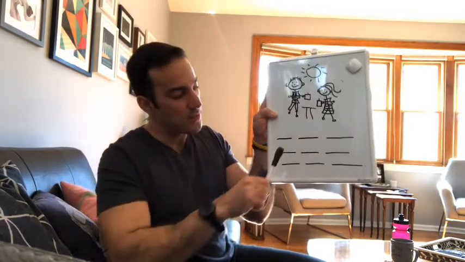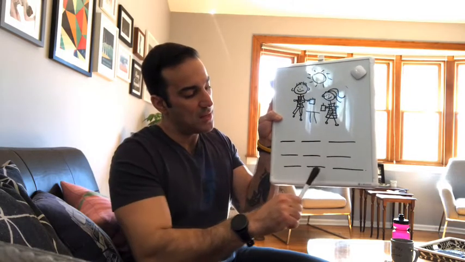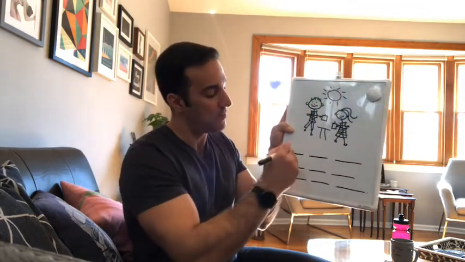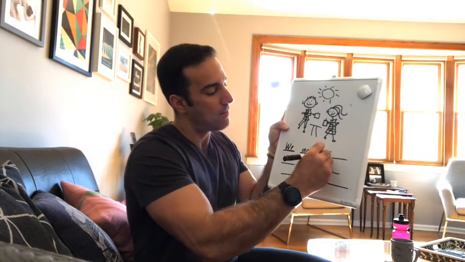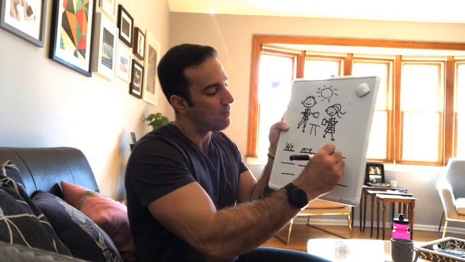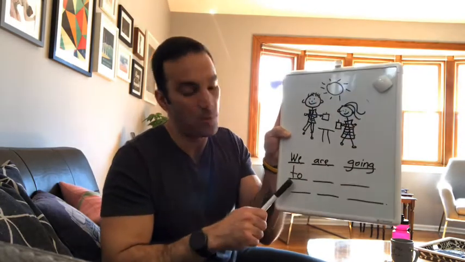So let's point to our lines. We are going to give our seed some sun. Period, stop, no more words. Let's put our stem on the lines. We are going to, T for turtle for two.